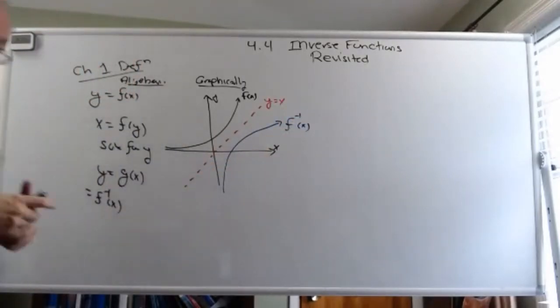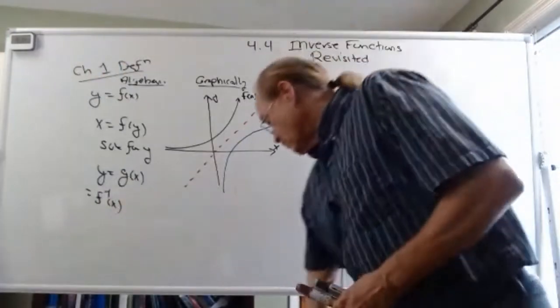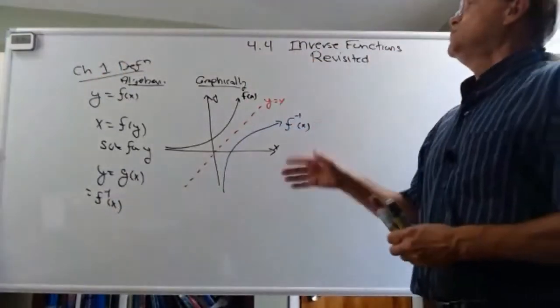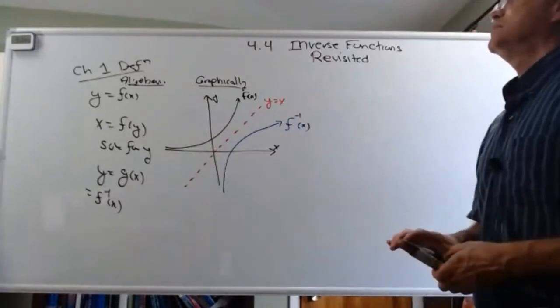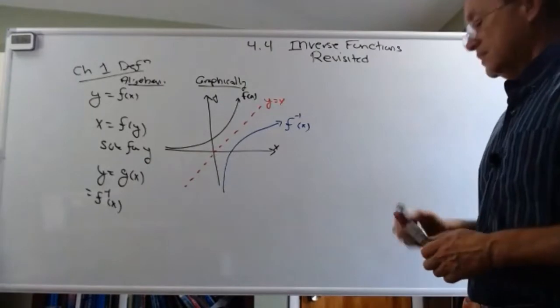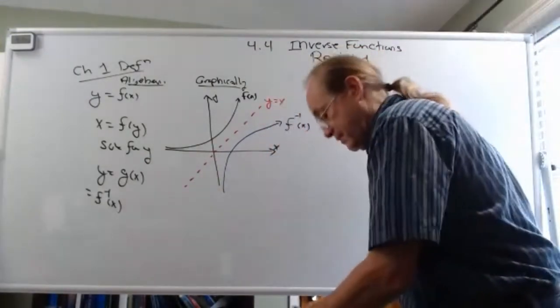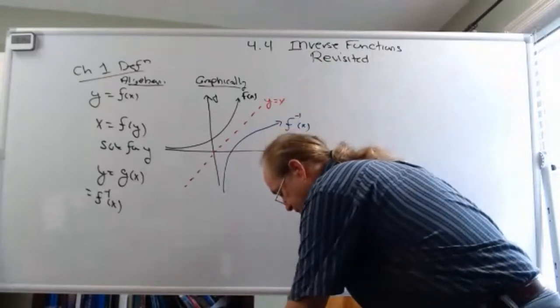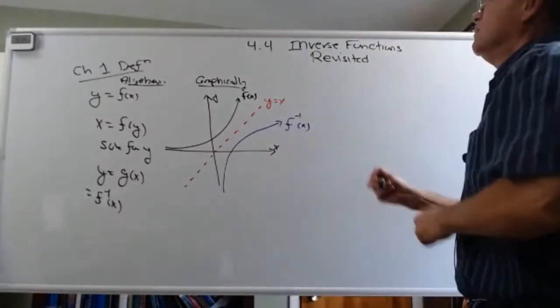So these were kind of vague and not very useful. To get something more useful, we needed to introduce more function notation and work a little bit differently. So let's understand the idea of an inverse function in the first place. What actually happens?